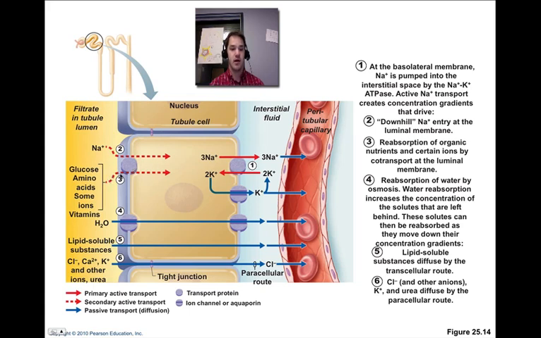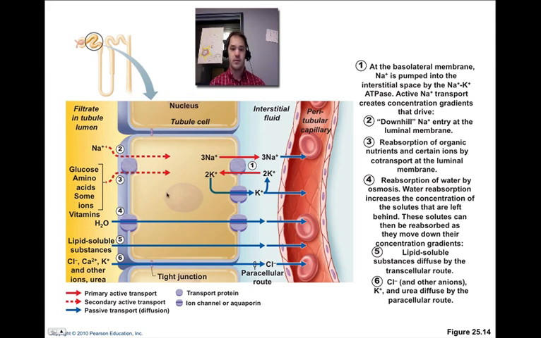And then a lot of organic nutrients and some ions are co-transported in along with that sodium when the sodium diffuses in. They move through the cell, transcellular, into the interstitial fluid, and they're reabsorbed by the peritubular capillary.